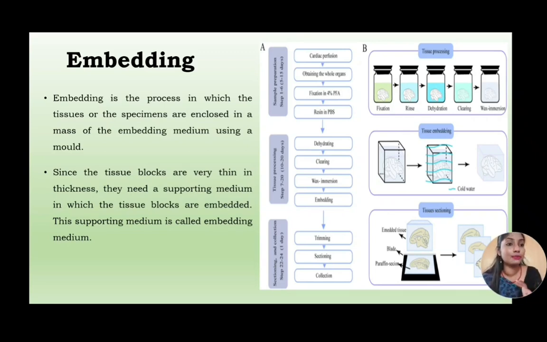So there lies the importance of embedding. One, the tissue is too soft to be subject to section, so in order to strengthen the tissue, it is placed in a mold and then in an embedding media, so that we get a hard cube of tissue which can be subject to slicing or sectioning.